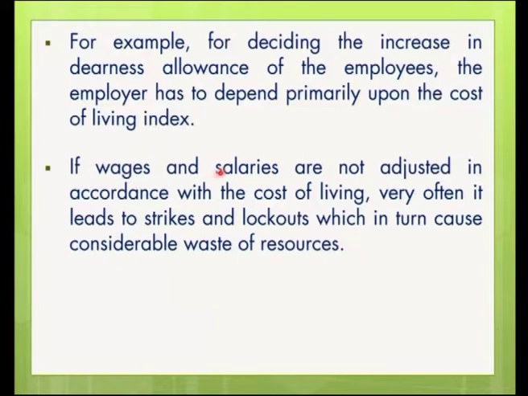If wages and salaries are not adjusted in accordance with the cost of living, very often it leads to strikes and lockouts, which in turn cause considerable waste of resources. Because whenever we consider the wage increase or salary increase, we have to look into the increase in the price of commodities also. If not, the employees will go for strikes and the employers will go for lockouts, which in turn cause considerable waste of resources.